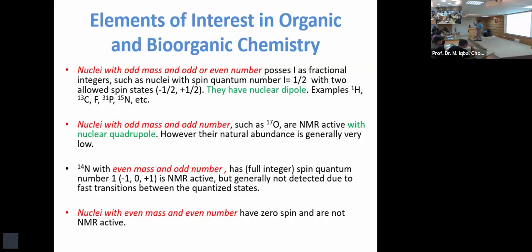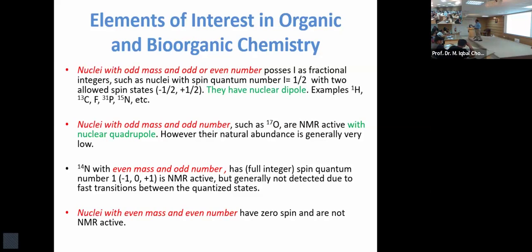Proton is 4 times more active in terms of gyromagnetic ratio, 4 times more sensitive, and 99% abundant. That is why proton is the easiest to detect. Carbon-13 has 1/4 of the gyromagnetic ratio. It's a very weak nucleus and is only 1%.